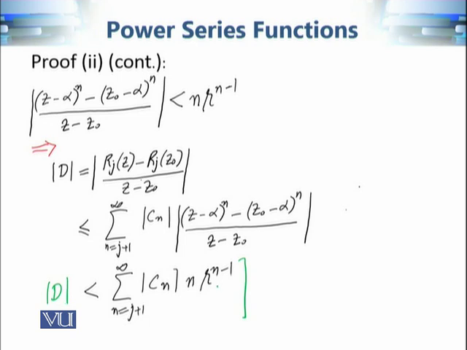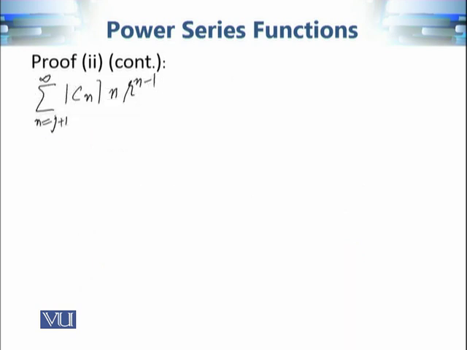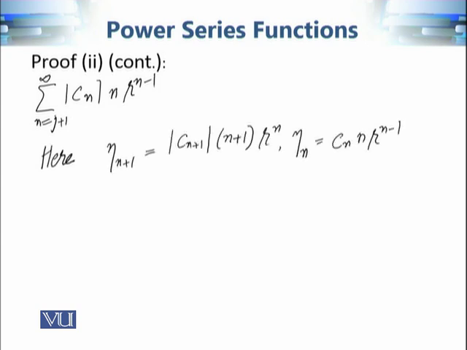Now one thing that we have achieved is there is no variable z in here. Now the question is whether this series converges or not. It happens that this series converges, and to see why, let's apply, for example, the ratio test over here.